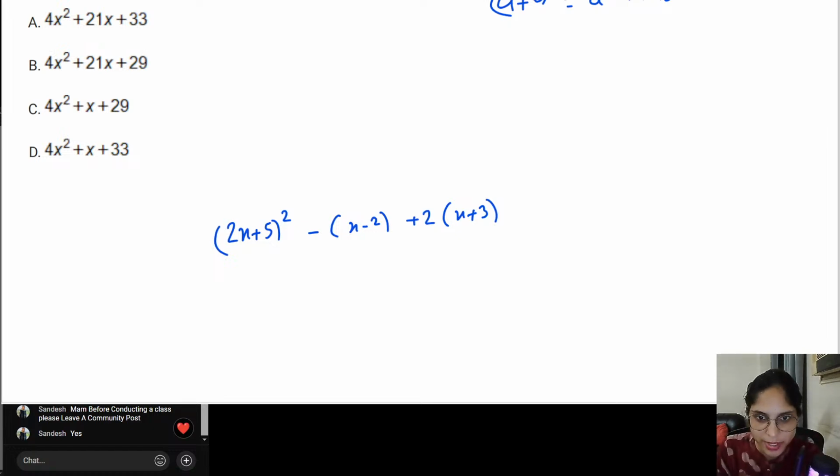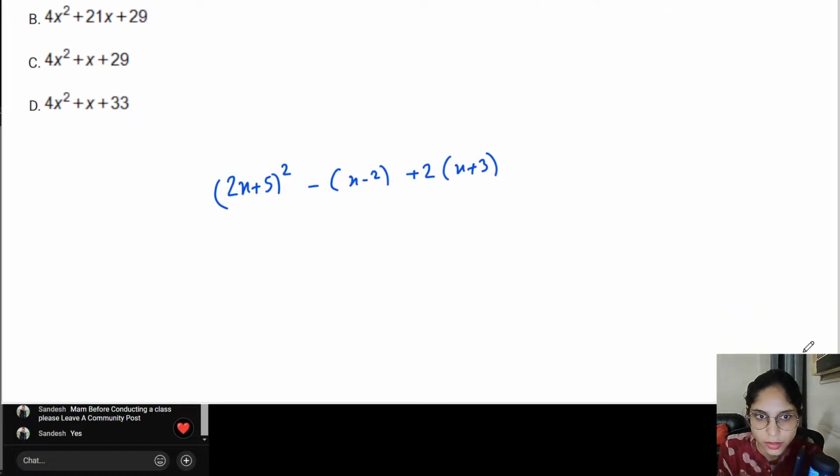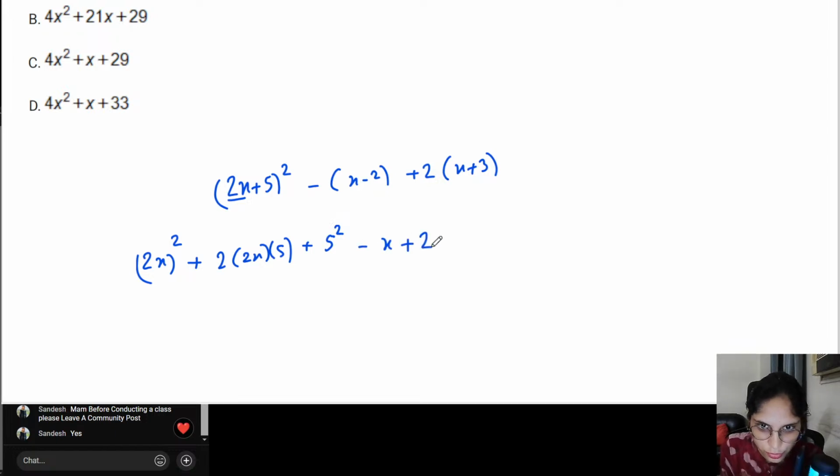So now coming back to the question. Like I told you, a plus b whole squared is a squared plus 2ab plus b squared. A is your 2x. 2ab means you just multiply these two numbers with 2. And then you have 5 squared. Here, like I told you, you have to distribute the negative. It will be negative x plus 2. Here also you have to distribute 2x plus 6.